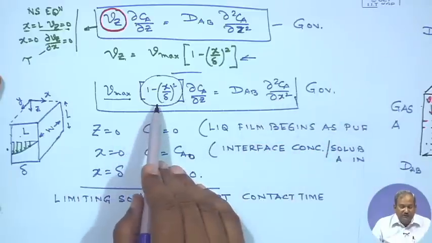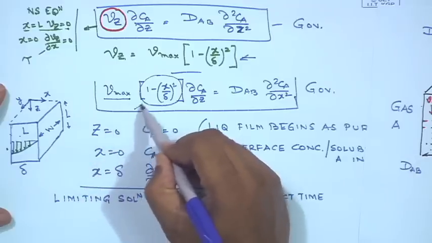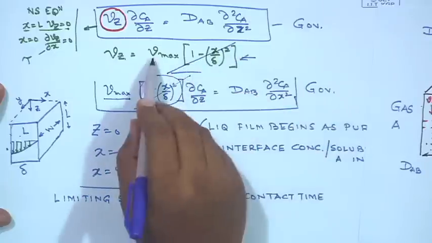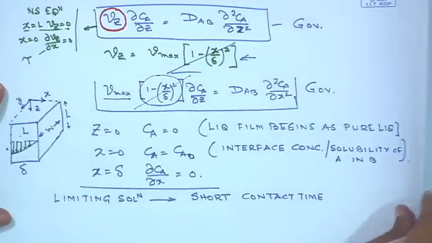So, the diffusing A molecules will not sense that a velocity profile exists in such a case. What it would see is that as if the entire film is coming down with a constant velocity, and that velocity is equal to Vmax. So, for a short contact time, when the penetration depth is small, the modified form of the equation would be that this part would not be present, and it is as if Vz is going to be equal to Vmax.